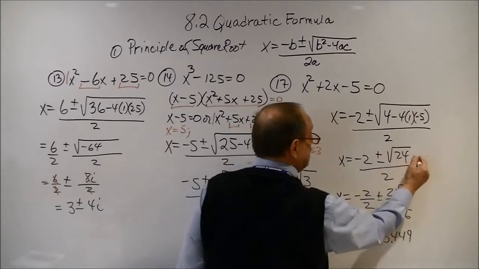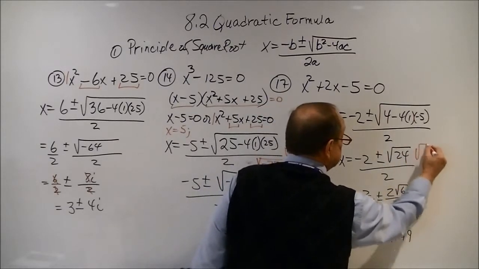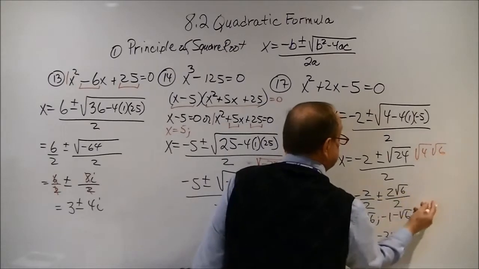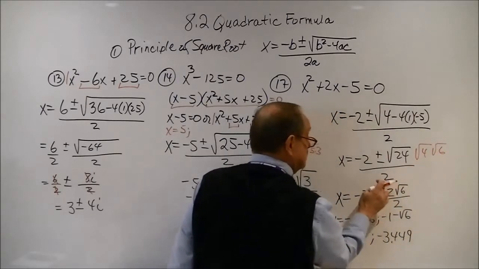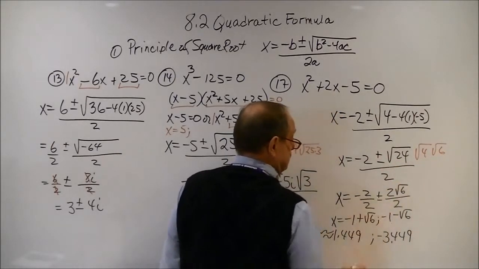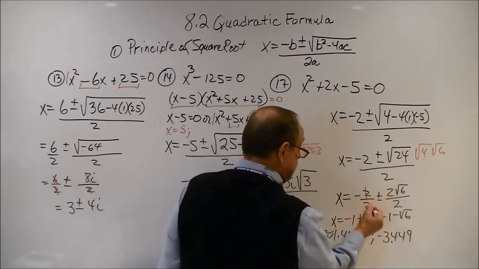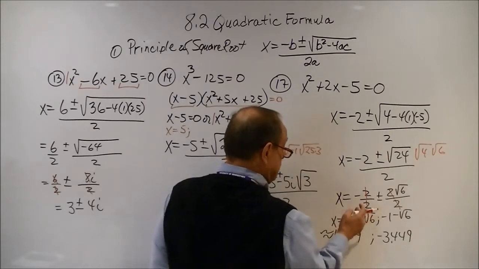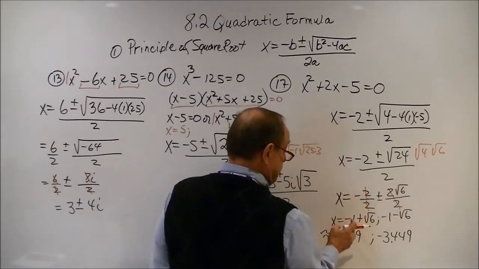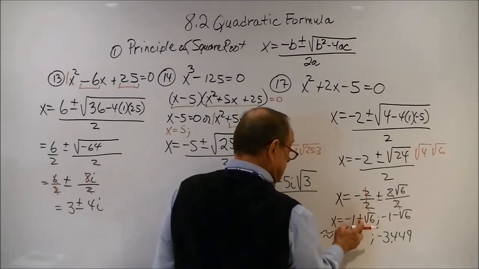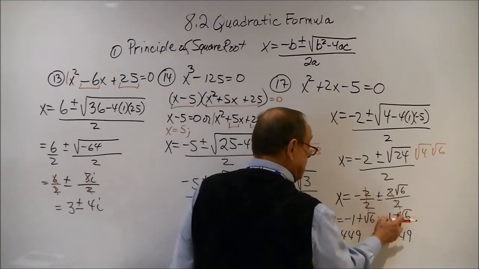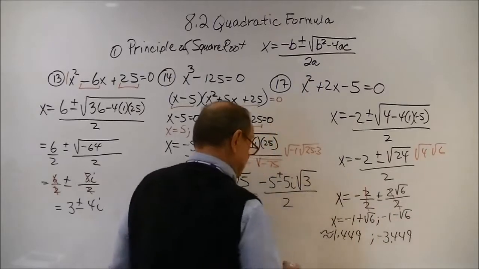Over here, the square root of 24, remember, is the square root of 4 times the square root of 6. Square root of 4 is 2, this 2. And then here, these cancel out. So I get x is negative 1 plus the square root of 6. It's also negative 1 minus the square root of 6.